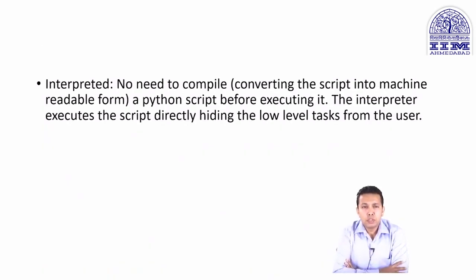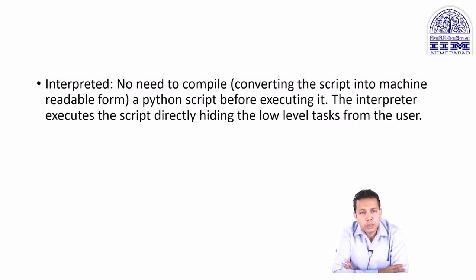So, interpreted. Python has an interpreter. That means that every time you write a particular statement or command, it is executed by the interpreter. People who have a background in C or Java might know that the file that you write is first of all converted into assembly language and then it is converted into a machine readable code, after which you can execute your code.